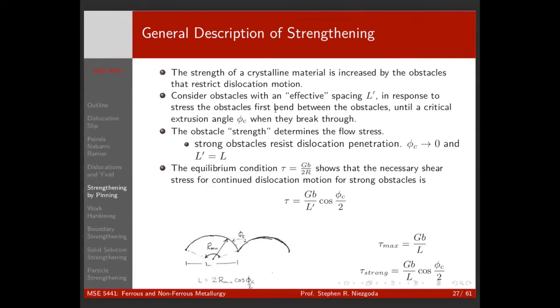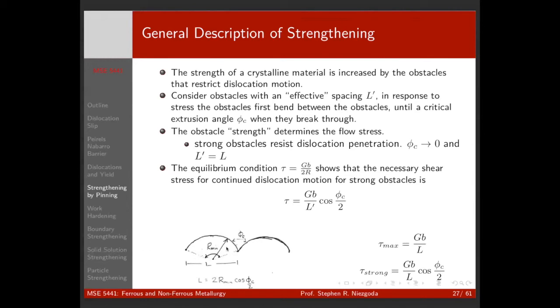So again, if there's one thing you learn, it's that the strength of a metal is increased by putting in obstacles that impede dislocations. If we think about obstacles that are fairly strong, we have an effective length that's approximately equal to the actual length.